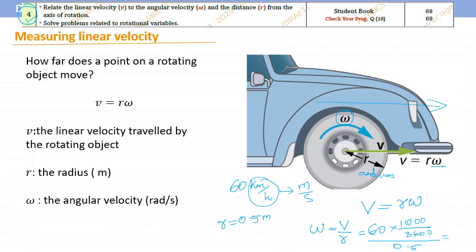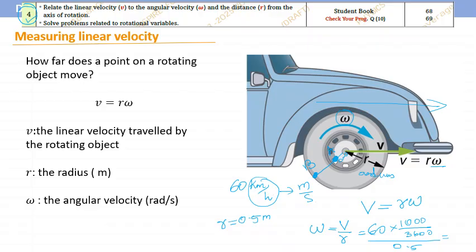Okay, but along with this, there is another important piece of information to be connected. Suppose this is a rotating object, and I consider 2 points, one closer to the center and another one farther away. Let me call them point A and point B. If the car tire is rotating, point A and point B will cover exactly the same angle, but they will not cover the same linear distance.